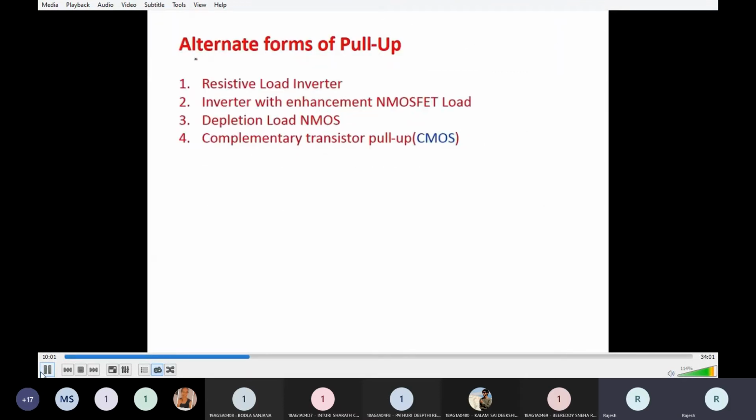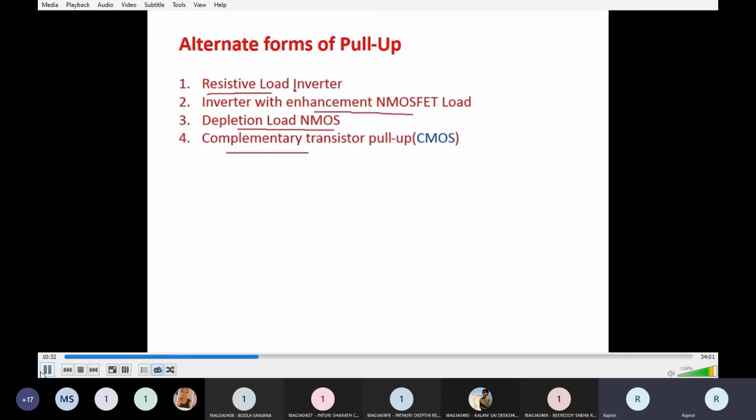Next topic, alternate forms of pull up. In the previous NMOS inverter, we used a depletion mode MOSFET as the pull up network and an enhancement mode MOSFET as the pull down network. Now we are replacing that pull up depletion mode MOSFET by alternatives: resistive load inverter, inverter with enhancement NMOSFET, depletion load NMOS, and complementary transistor pull up.